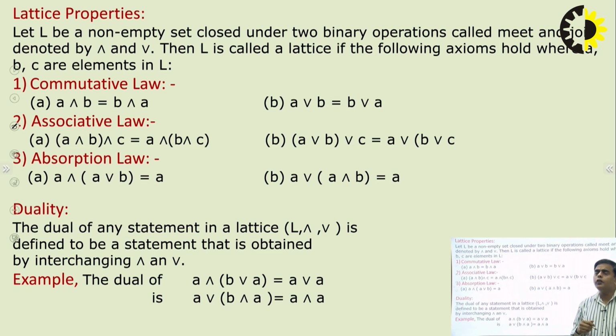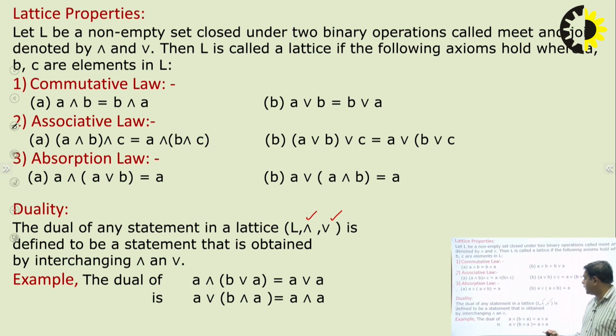To find the dual, you just have to change the LUB into the GLB and the GLB into the LUB. Or we can say we are using two operators: this is like AND and this is like OR. So we will change these two operators, AND into OR and OR into AND.